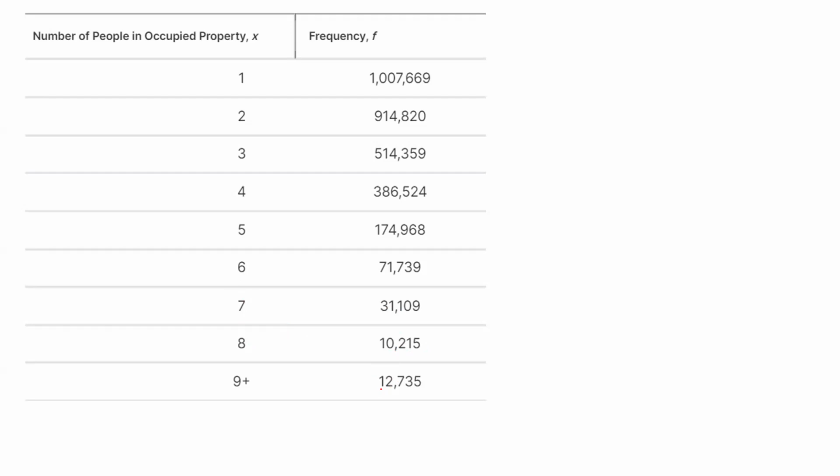And finally, they found that 12,735 properties have nine or more than nine people living in them.